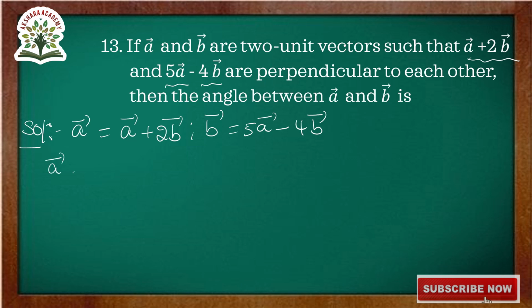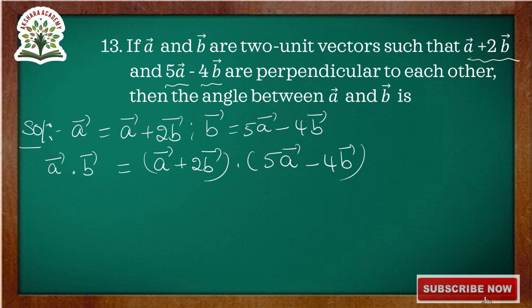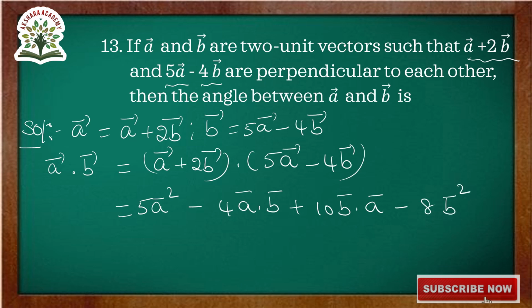So (a bar plus 2b bar) dot product (5a bar minus 4b bar) is equal to 5a bar square minus 4a bar dot b bar plus 10 b bar dot a bar minus 8 b bar square. This entire thing is equal to 0.